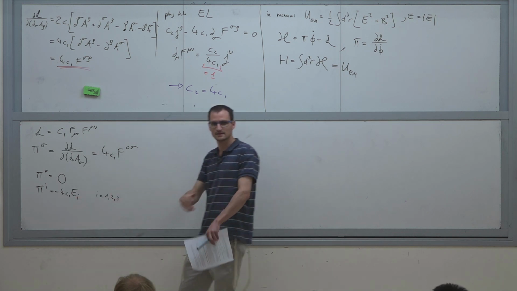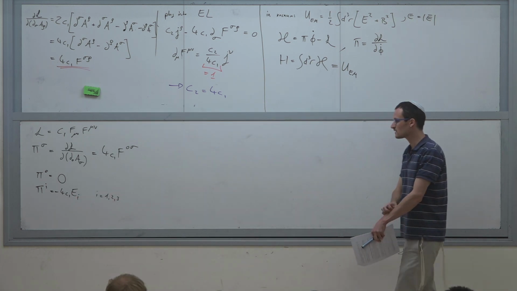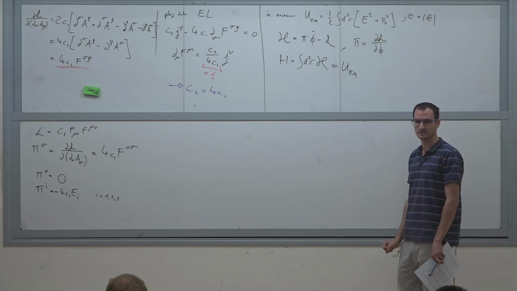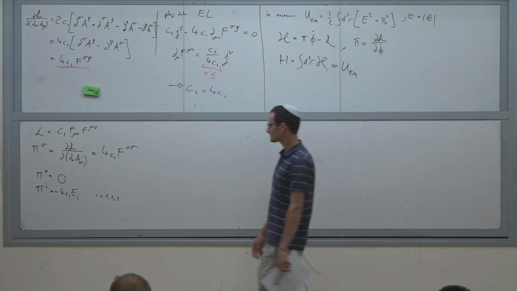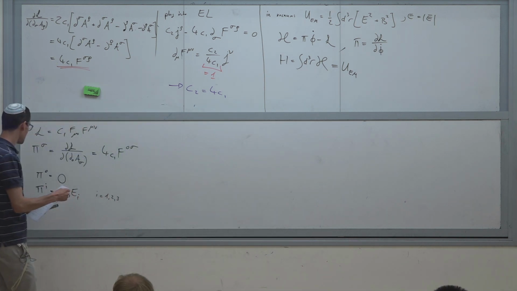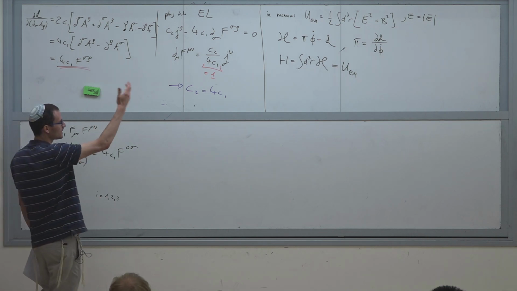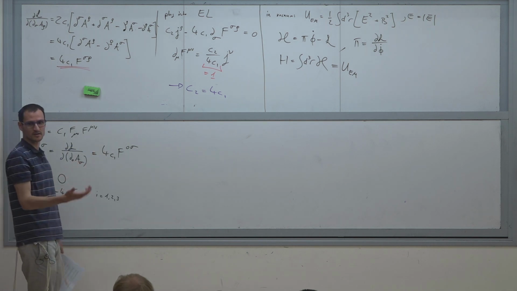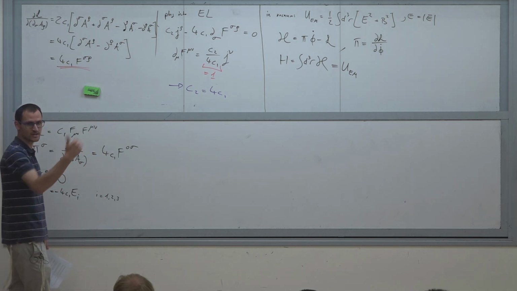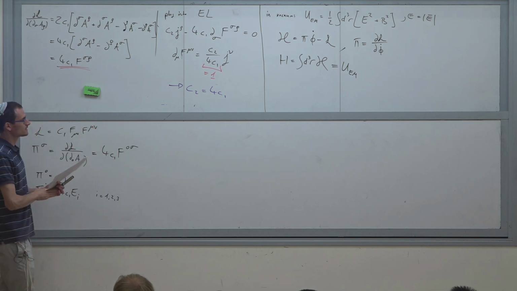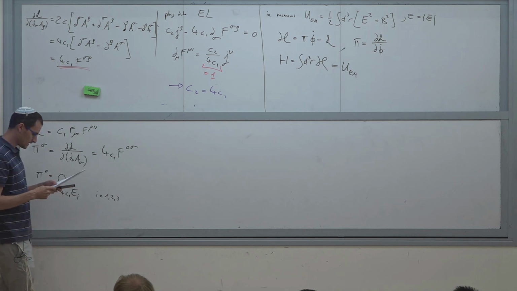So electric field has, in some analogous way, the meaning of the momentum conjugate to the physical potentials in electromagnetism. I just note this. There's no deeper meaning, just note that this analogy works. And this analogy also works when you start quantizing the system. So the commutator between a potential and the electric field is like the commutator between a coordinate and the momentum. So this analogy actually continues. And it's something you can use throughout field theory.